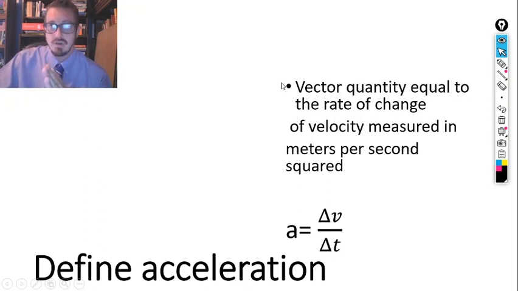So if we change our direction, we're also changing our velocity, even if we maintain the same speed. Like if you're rounding a curve in your car, you might usually slow down, but if you just maintain the same speed, you're still accelerating because you're changing your direction. That's important to keep in mind also.